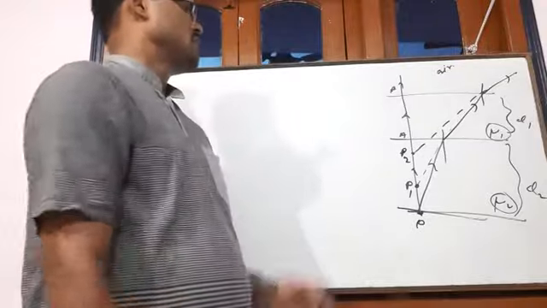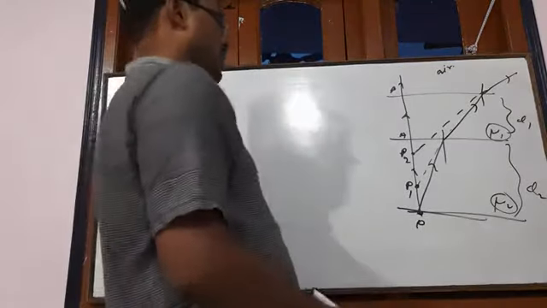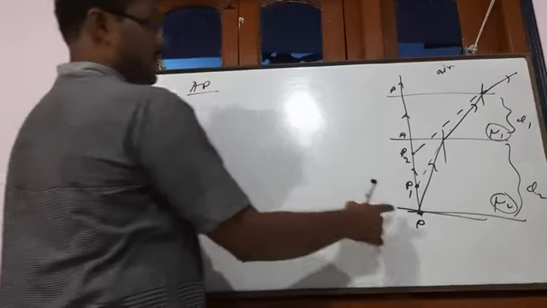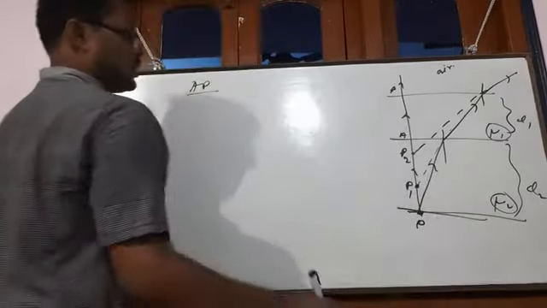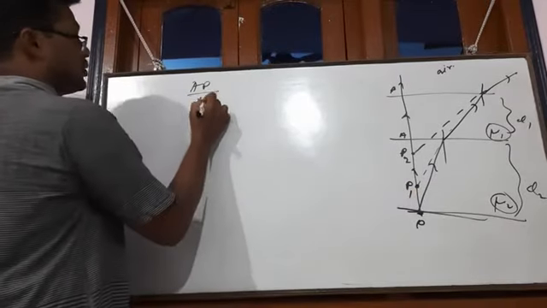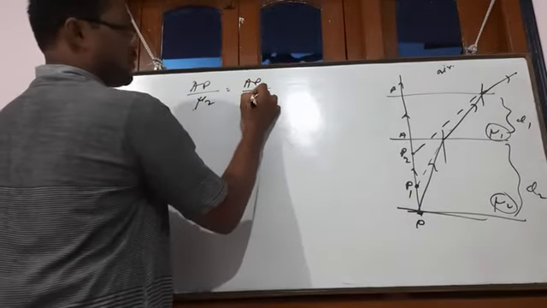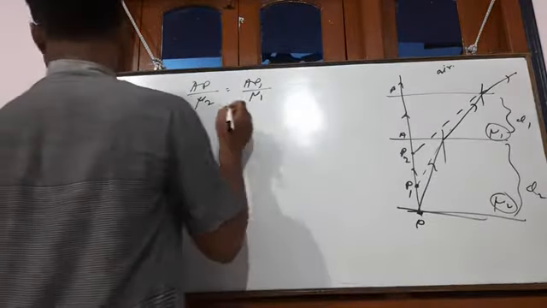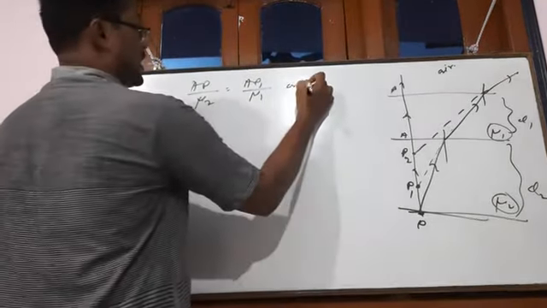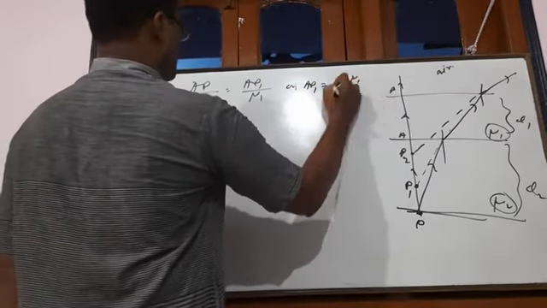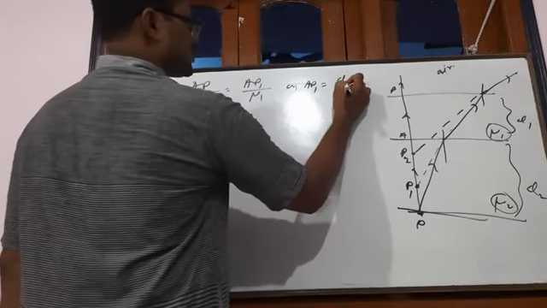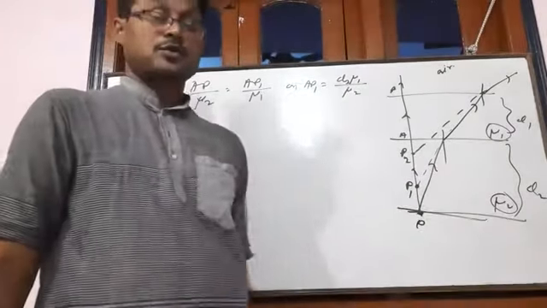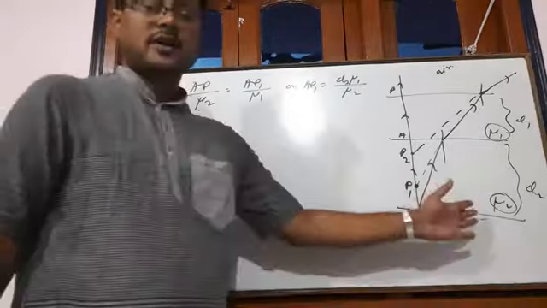We will get here AP2. Now how can we find out? Like for these two media, we get that AP can be observed from here. So AP by mu2 equals AP1 by mu1, or AP1 equals d2 into mu1 by mu2, because this distance I will consider as d2 with refractive index mu2.